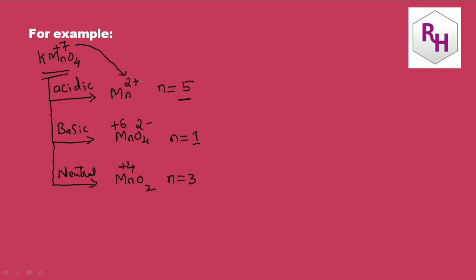Which means, in the case of the acidic medium, the molecular weight of KMnO4 is how much? Molecular weight is equal to 158 grams. Here it becomes 158 divided by 5, which is around 31.6. Here 158 divided by 1, so you get 158.